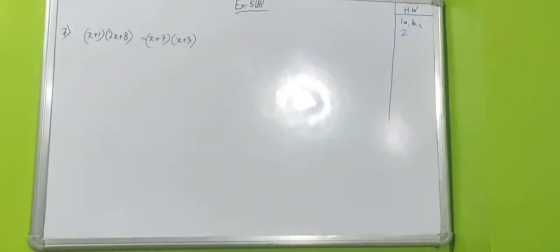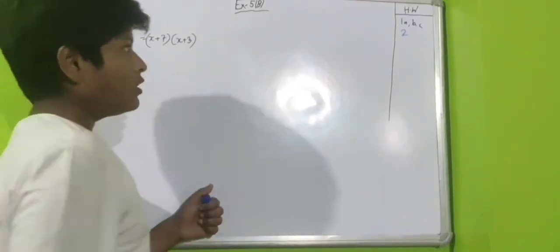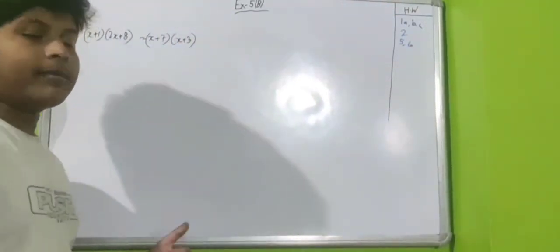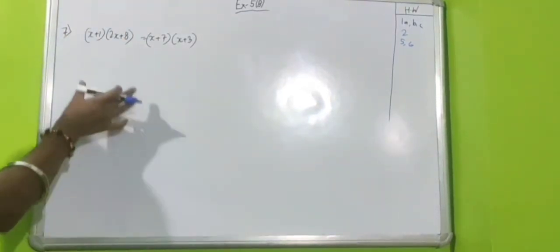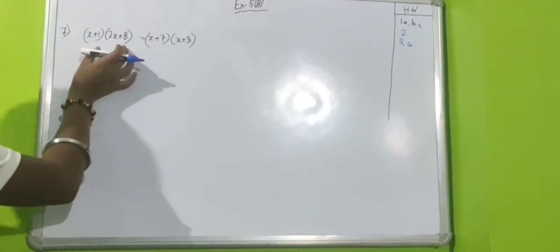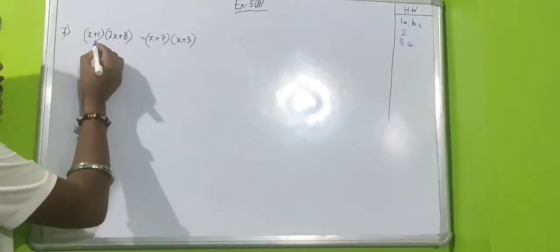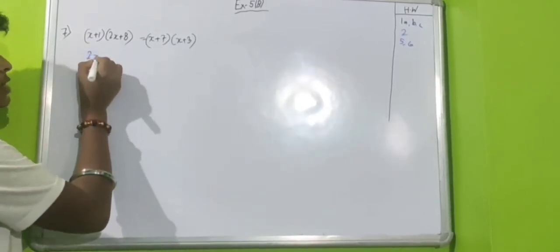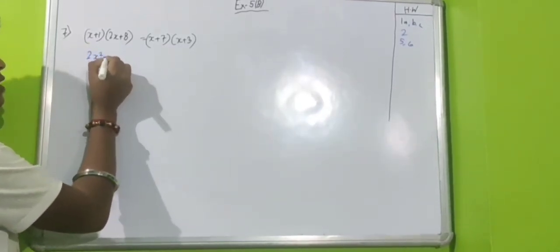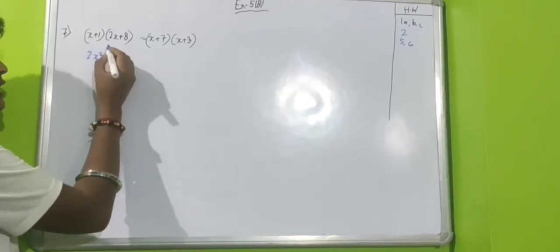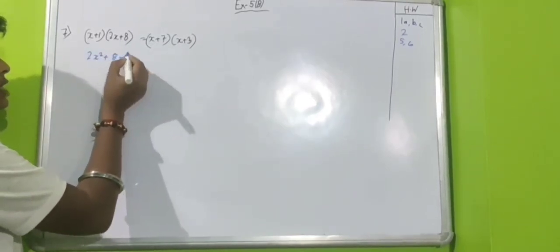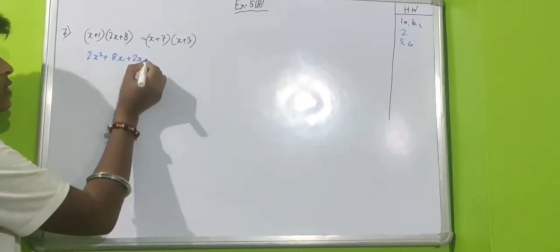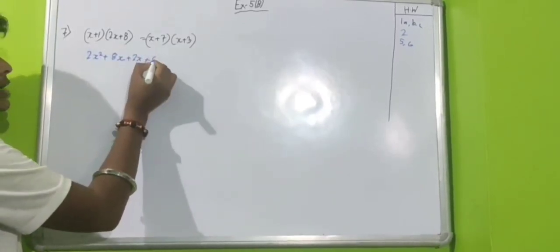So friends, now we'll solve number 7. Questions number 5 and 6 are homework, but the answers will be in the description box. Solve number 7. First open these two brackets. So x with 2x will be 2x square plus x with 8, 8x, 1 with 2x, 2x plus 8.